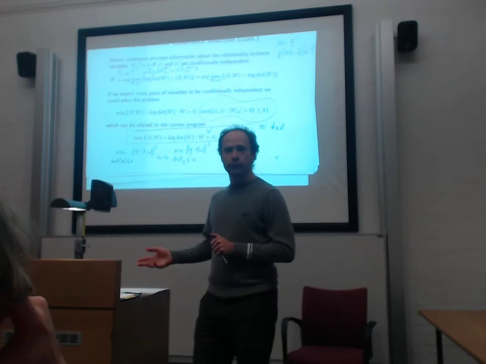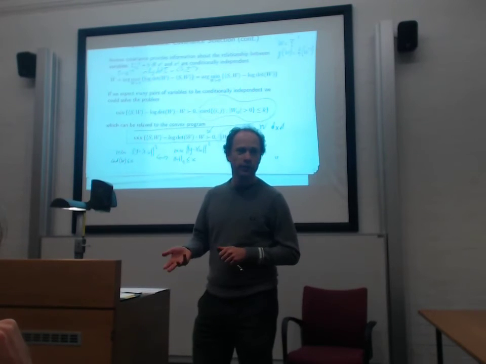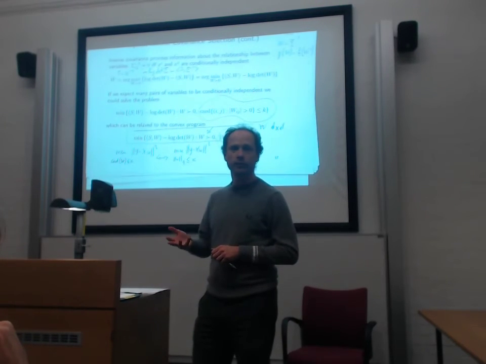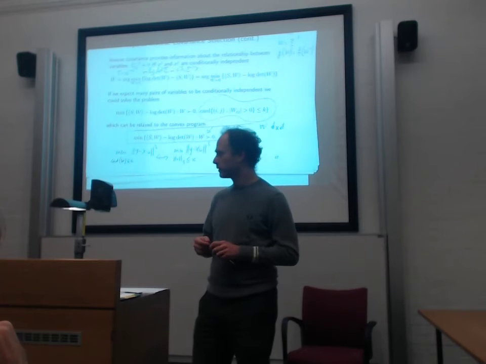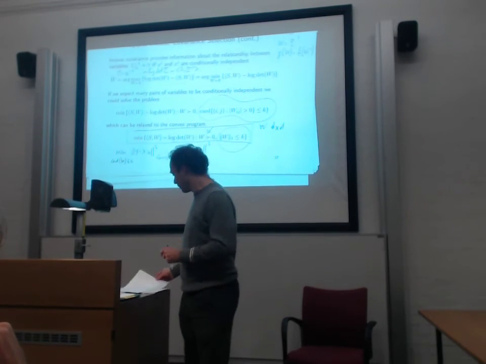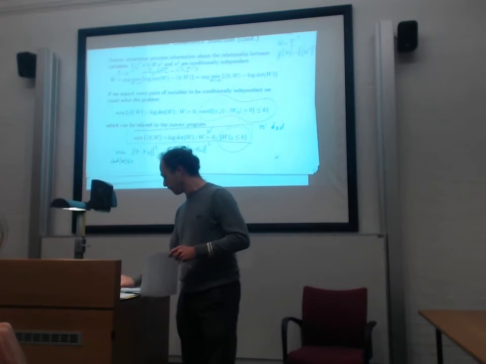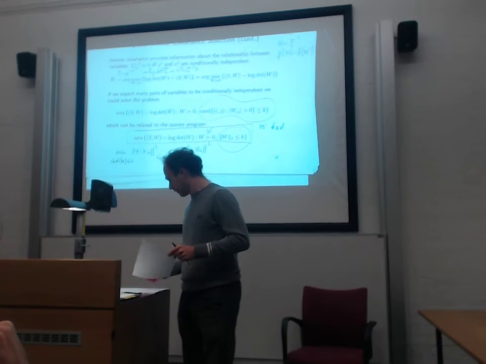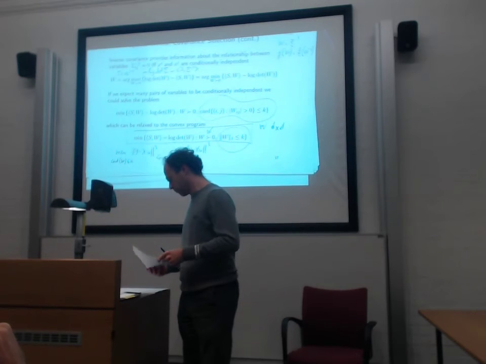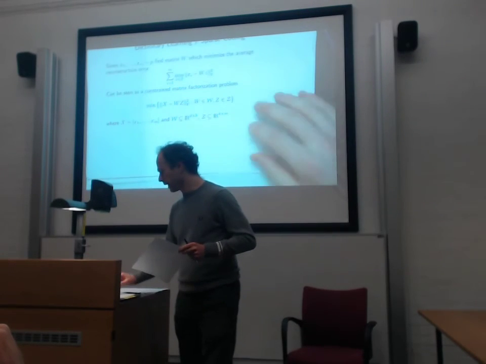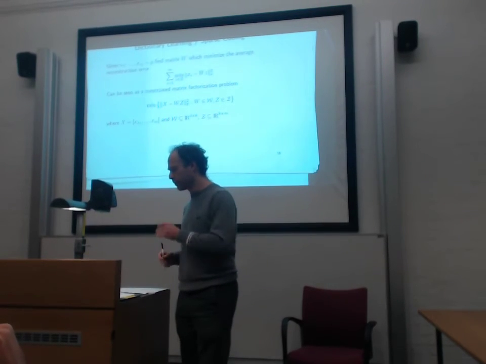You can do it for principal component analysis, where you have constraints on the sparsity of the principal components. You can do it in many other contexts. So this one I will skip, but another interesting context is what is called sparse coding.